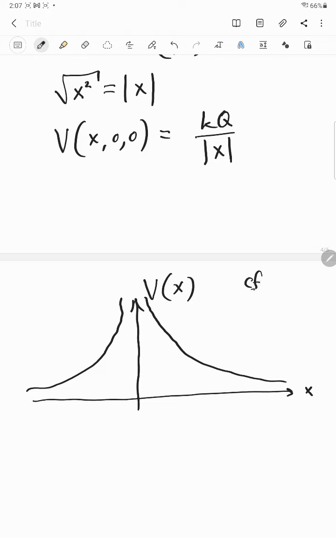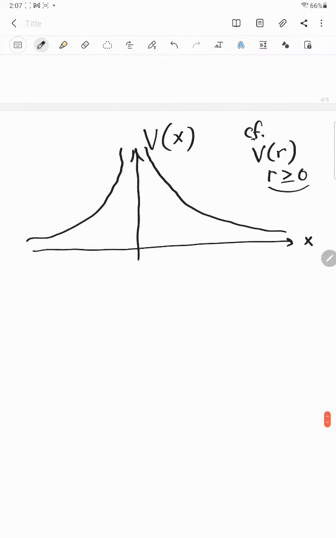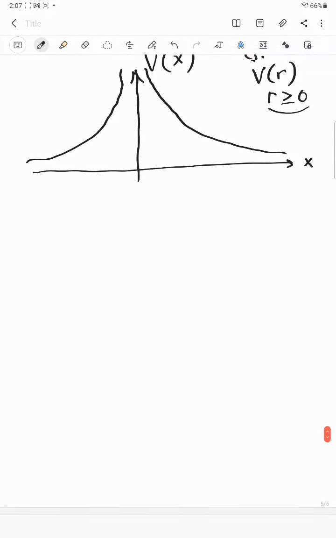Compare, for reference, V of r, where r was only ever allowed to be bigger than or equal to 0. But in the case of x, we need to be careful. We need to think about the fact that you can be on the negative x-axis. There is no such thing as the negative r-axis, because r simply labels a distance. Okay, so now I can show you this example of a dipole.